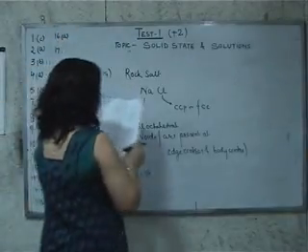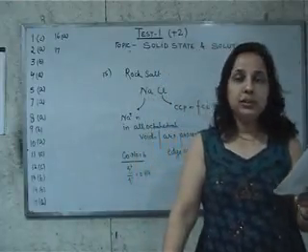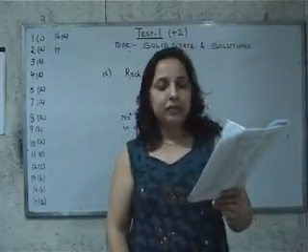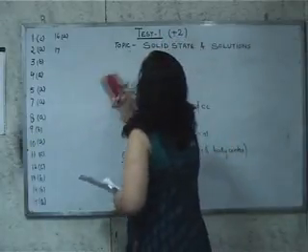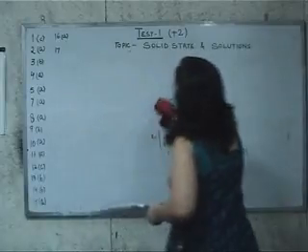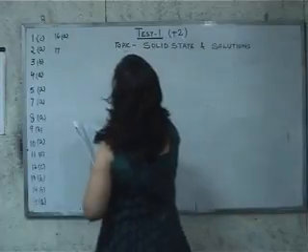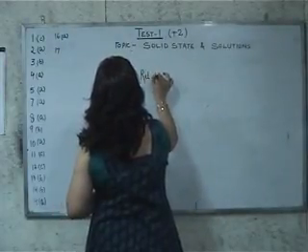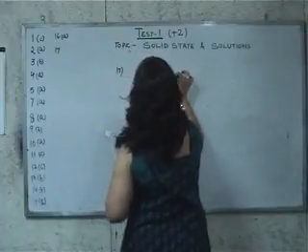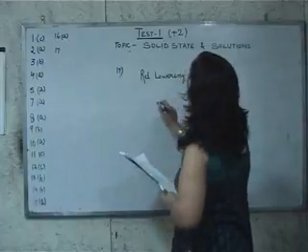17th question. Question number 17 is, mole fraction of a solute is 0.4. The relative lowering of vapor pressure is? In this question we need the formula of relative lowering of vapor pressure.